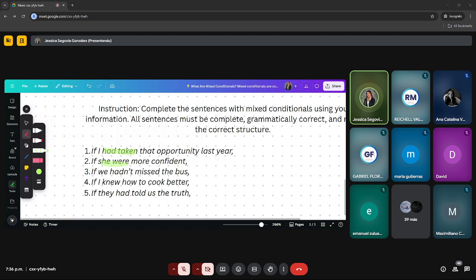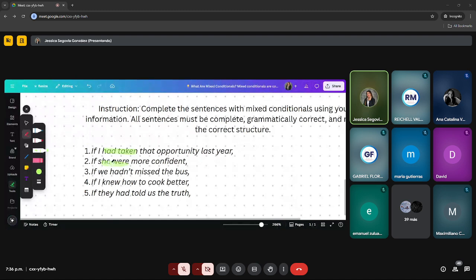If she were more confident, this is a present situation because this girl is not confident in the present day. If she were more confident, ustedes completan la oración con la estructura de present situation past result following the trio of would have past participle.